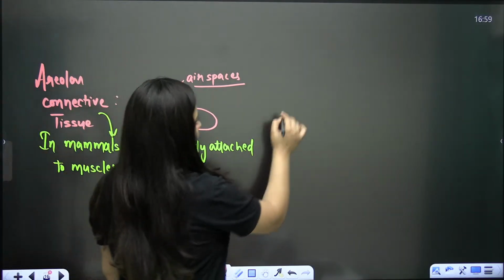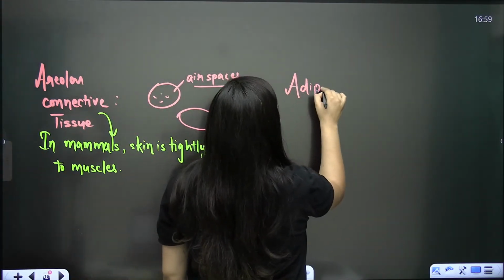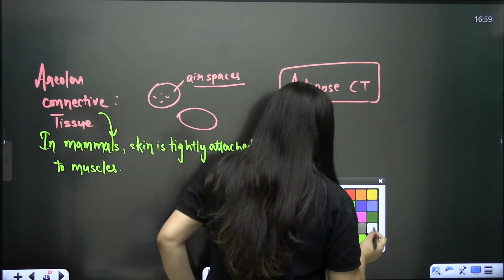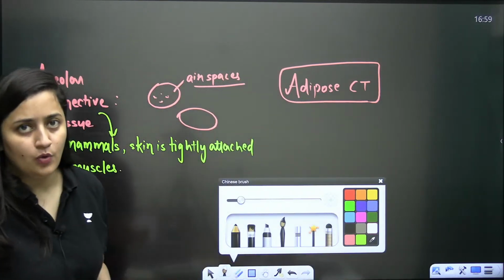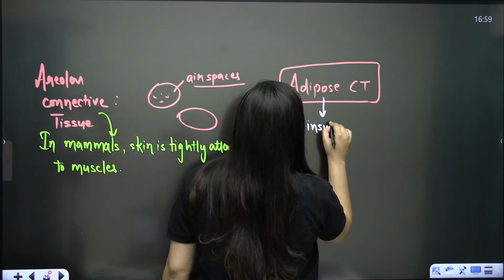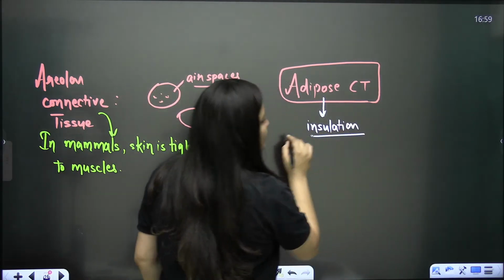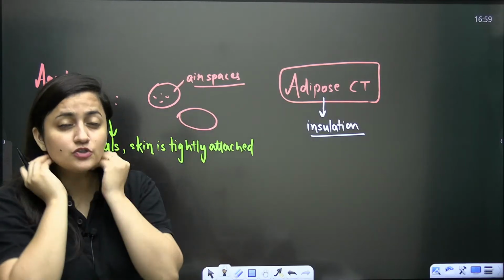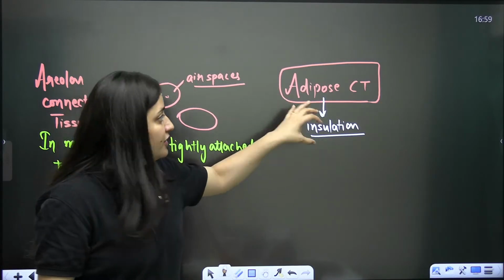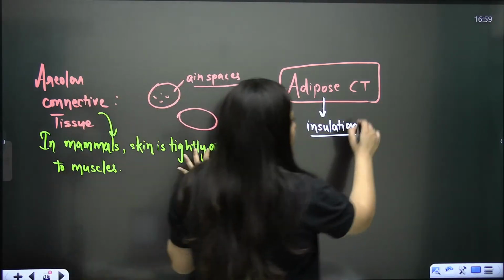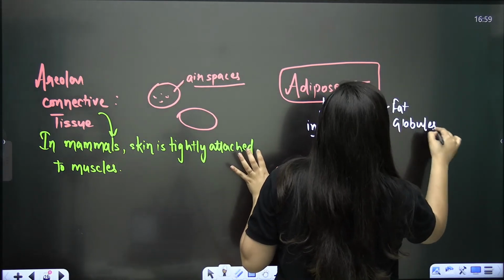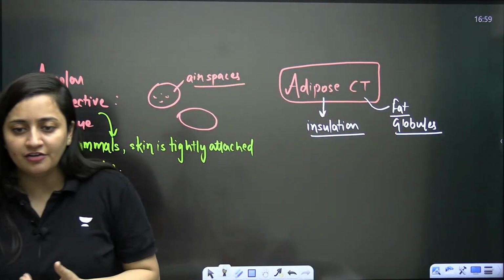One student is asking, ma'am, how to differentiate adipose connective tissue and areolar. Both are part of loose connective tissue without any doubt, but adipose mainly provides insulation and covers the soft organs. Here you are not going to see air spaces; you will see fat globules. That's how you can differentiate.